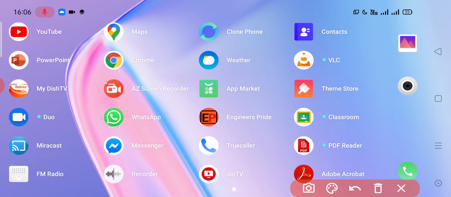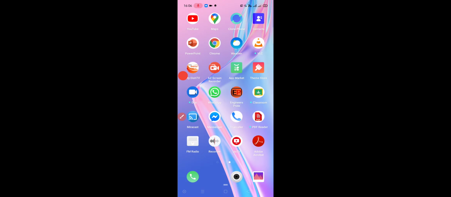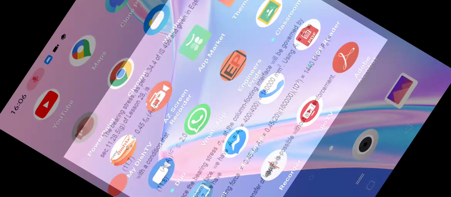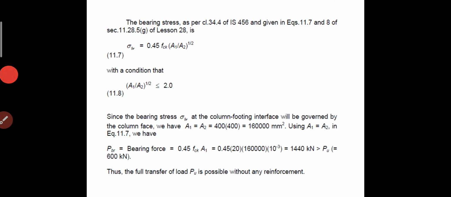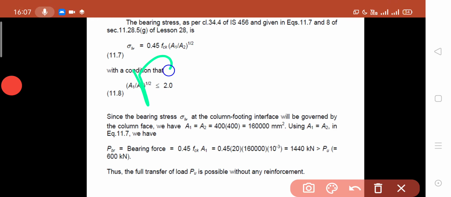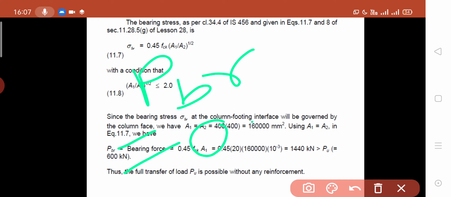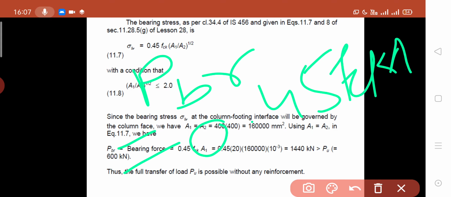So we have PBR, which is the bearing force, equal to 0.45 FCK A1.